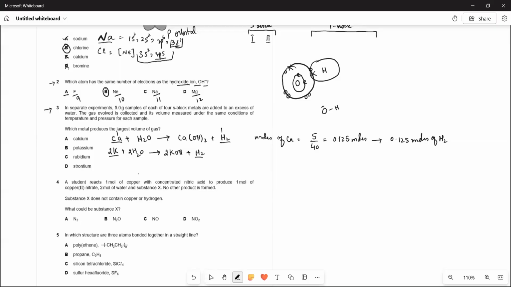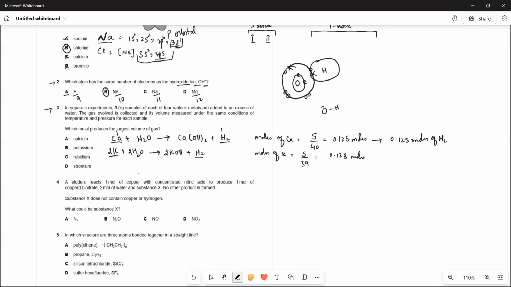So let's find out first of all the moles of potassium because they have given 5 grams of each of them. So 5 over the molar mass of potassium, which is around 39. If we divide it, it gives us 0.128 moles.